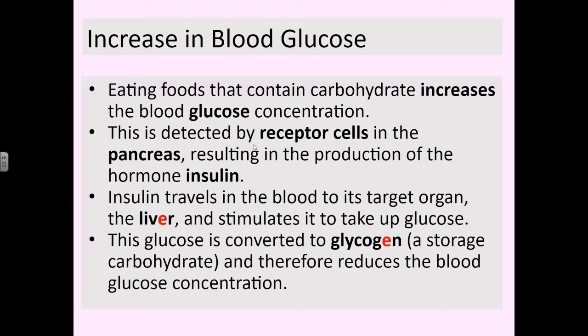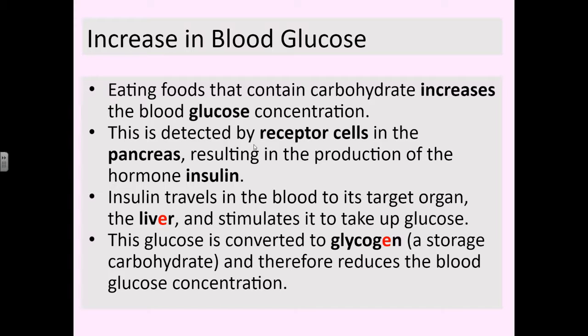What that does is it causes the cells of your body to be able to take in sugar, so in for insulin, so it takes the sugar out of your blood. If your sugar level is high, your body produces insulin, the sugar comes out of the blood into the cells, then the blood sugar level is going to drop.